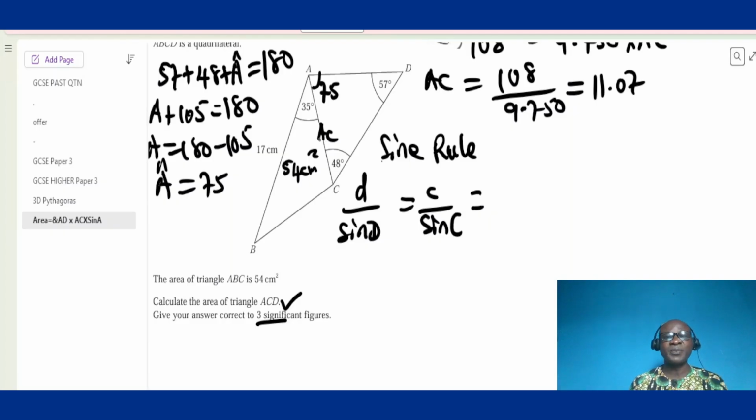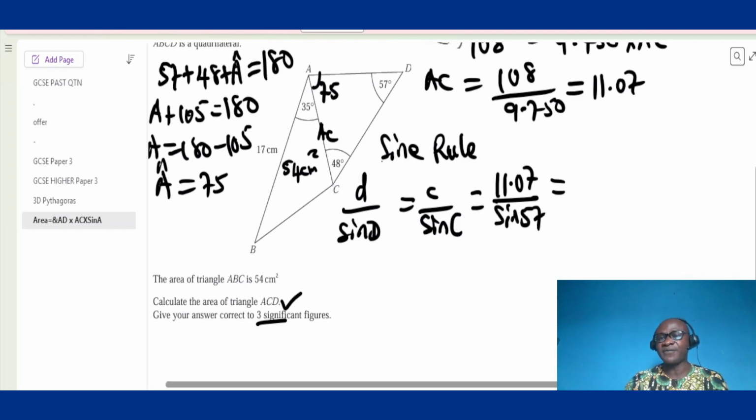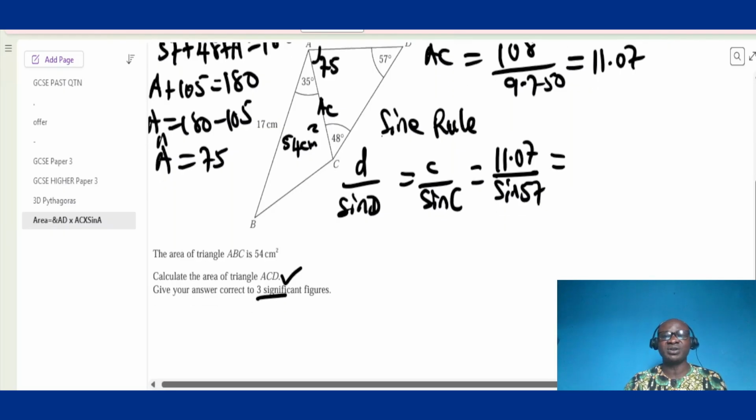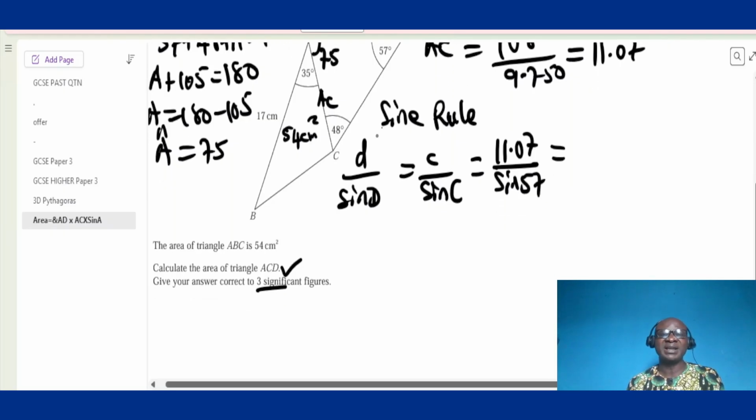So d is the side opposite D, which is the same thing as line AC, and I got it to be 11.07, all over the angle at D, which is 57, so all over sine 57. Beautiful. This will give us what we are looking for, that is the length of AD. This is targeted on finding the length of AD.